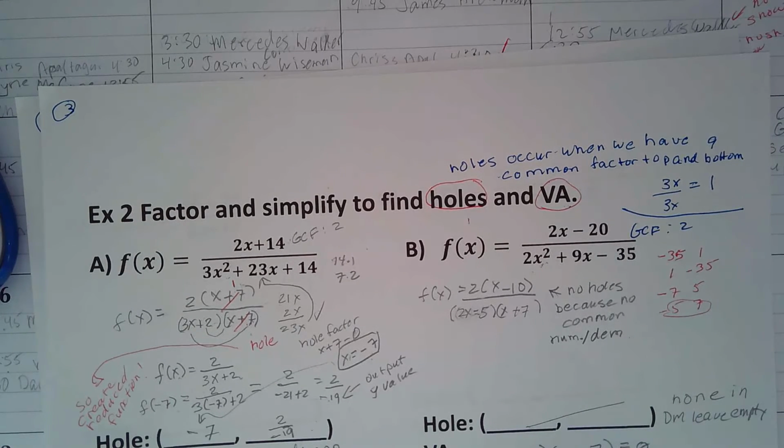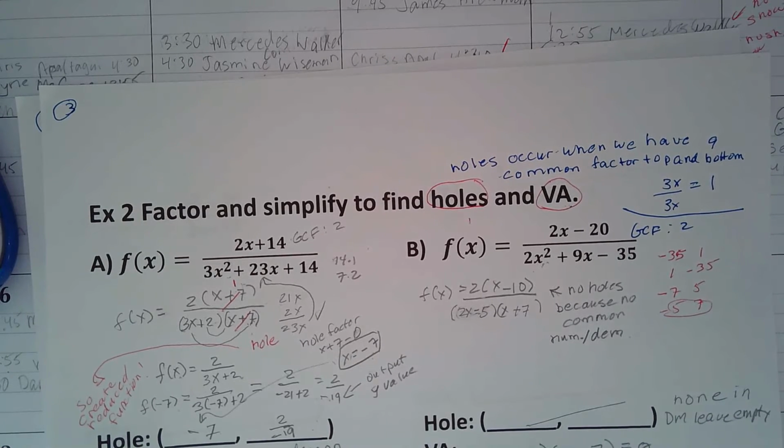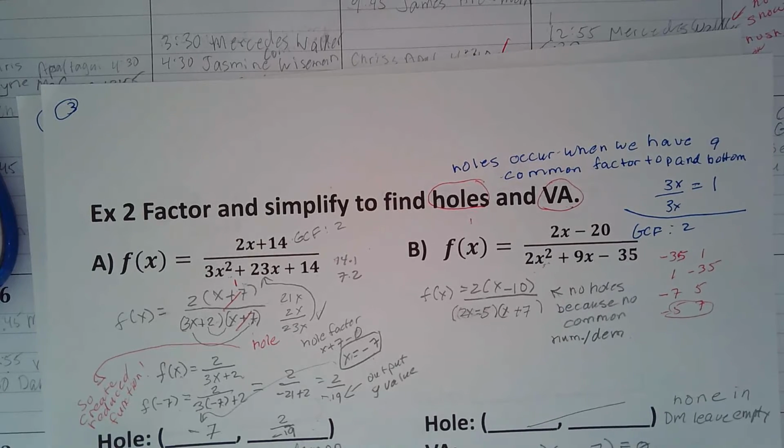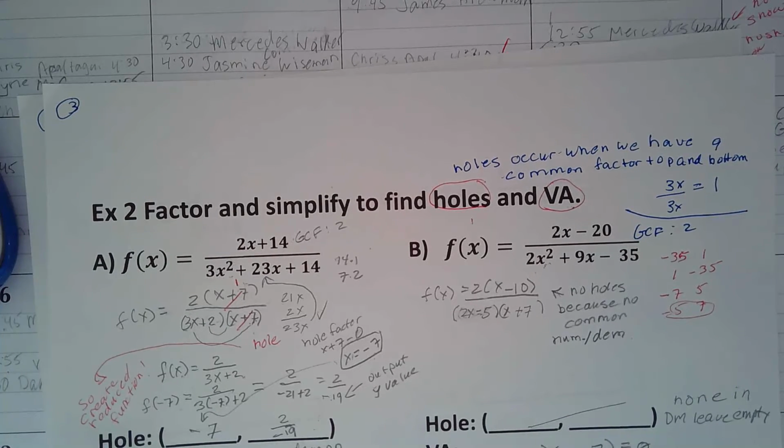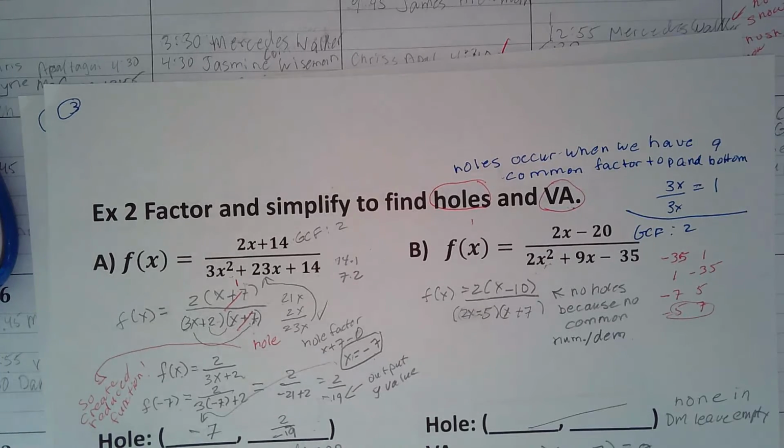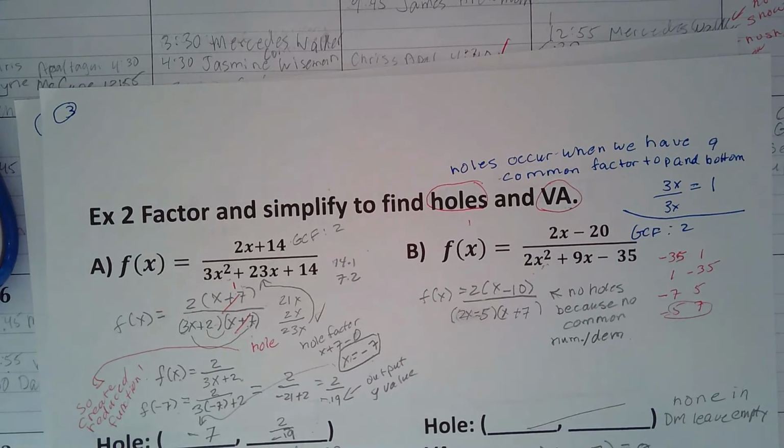So 2x minus 5 equals 0, and x plus 7 equals 0. We know with this one, x equals -7. So that's one vertical asymptote x value.